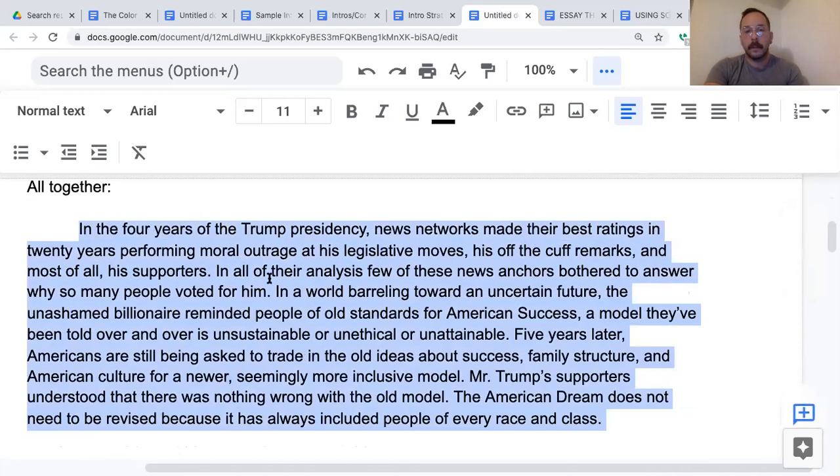In a world barreling toward an uncertain future, the unashamed billionaire reminded people of old standards for American success, a model they've been told over and over is unsustainable or unethical or unattainable. 5 years later, Americans are still being asked to trade in the old ideas about success, family structure, and American culture for a newer, seemingly more inclusive model. Mr. Trump's supporters understood that there was nothing wrong with the old model. The American dream does not need to be revised because it has always included people of every race and class.